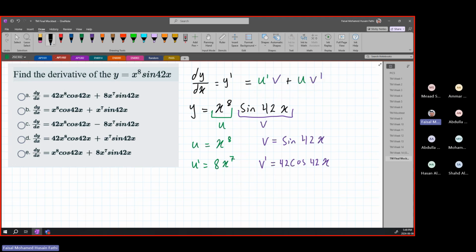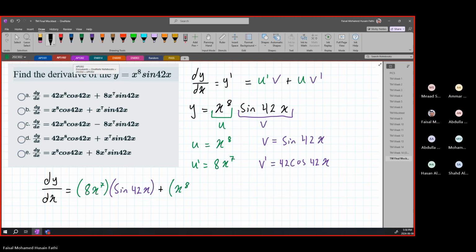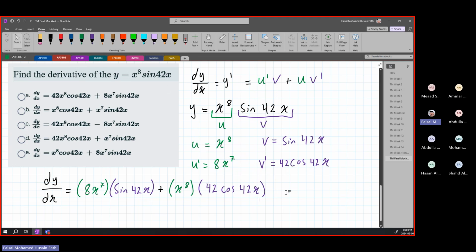So dy by dx is equal to u prime, which is 8x to the power of 7, times v, which is sine 42x, plus u, which is x to the power of 8, times v prime, which is 42 cosine 42x. And that's it.